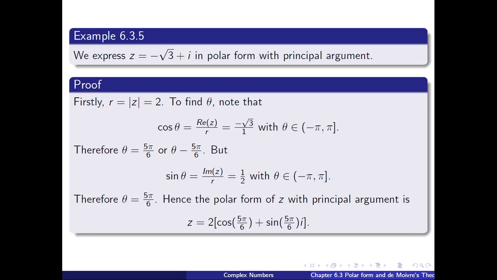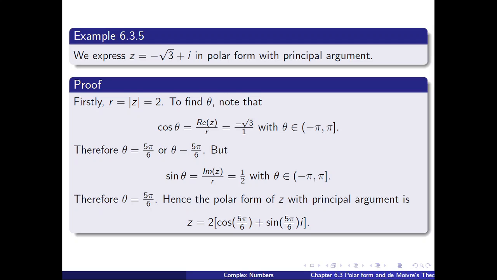So our first example: we express z, which is equal to the square root of 3 plus i, in polar form with principal argument. So firstly, we need to find r, and r is the modulus of z, which is equal to the square root of the square root of 3 squared plus 1 squared, which is the square root of 4, which is equal to 2.